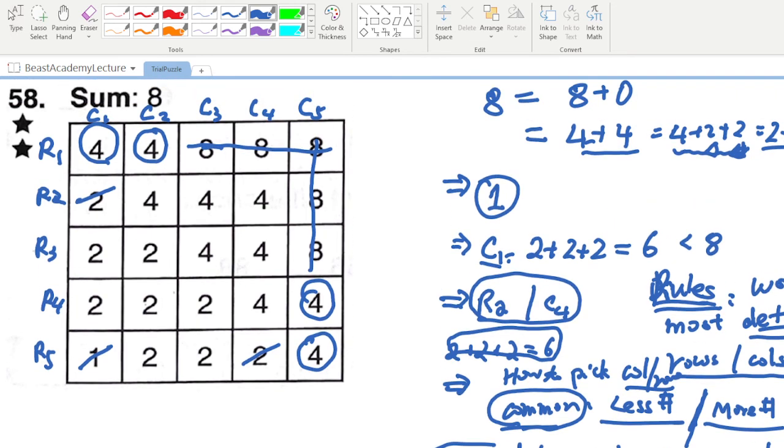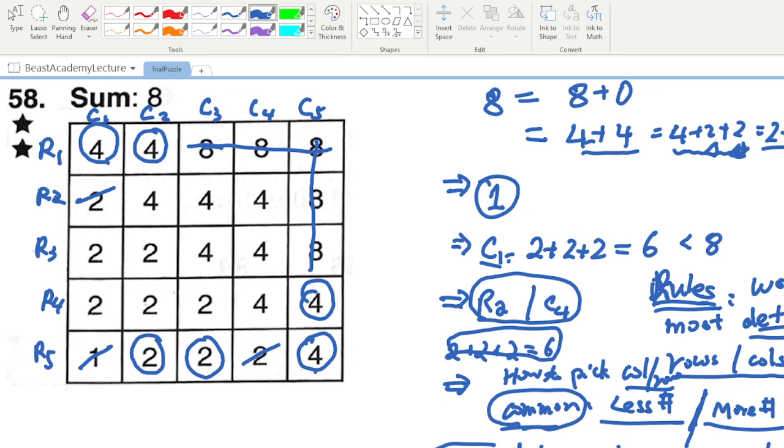That means I must pick 2 plus 2 plus 4 equals 8. Really, 8.